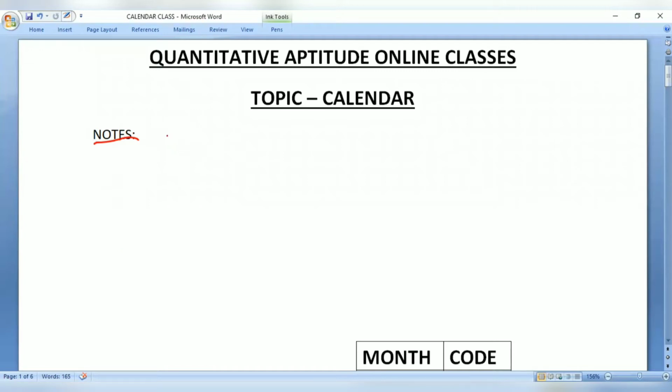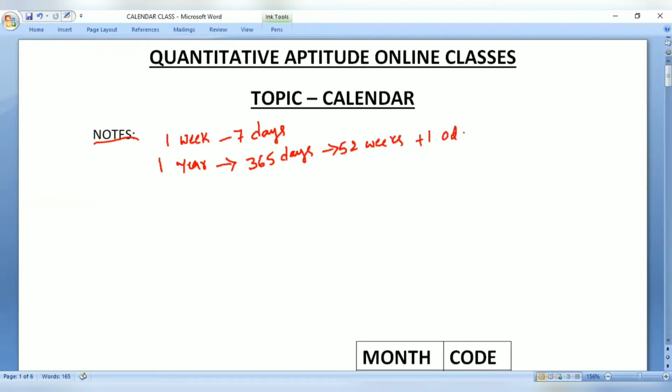Normally, for a normal week, we generally have 7 days, right? Similarly, if you take a whole 1 year, consider it as a normal year, not a leap year. In this, we have 365 days. If we convert them into weeks, we have 52 weeks, and there will be one remaining odd day for a normal year.